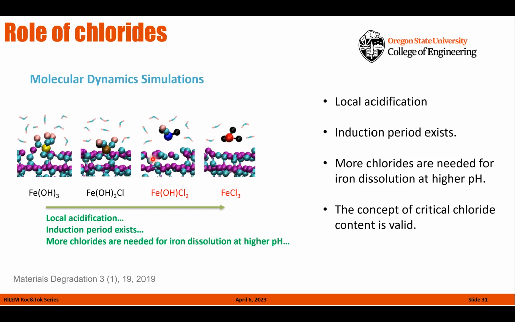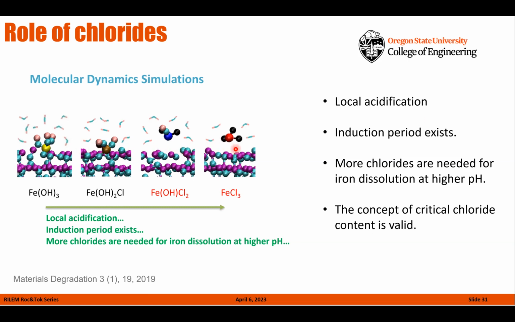So this 4-step process is very well described in the Materials and Degradation paper I show here, and I encourage you to have a look at it for a more detailed description. But to summarize, I want to highlight that this process of creating iron defects, iron vacancies, or extracting iron atoms from the surface is associated with local acidification, consumption of the OH pairs on the surface first, and then dissociating the iron atoms.